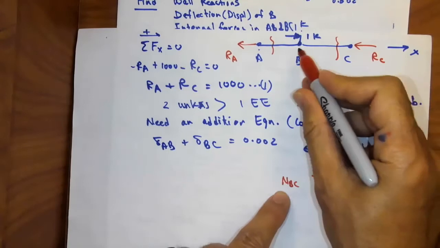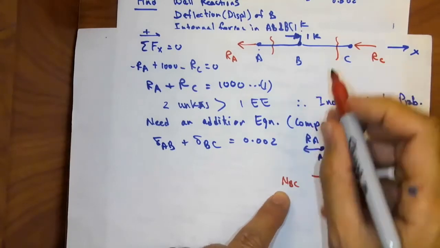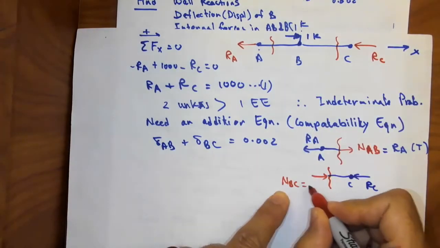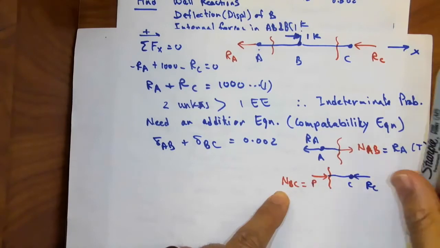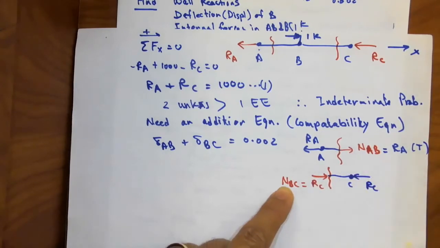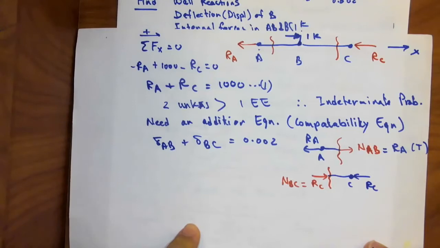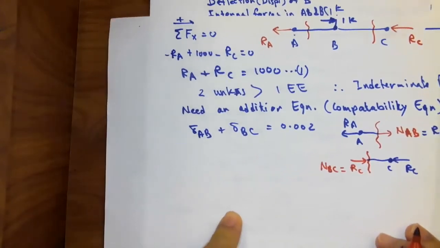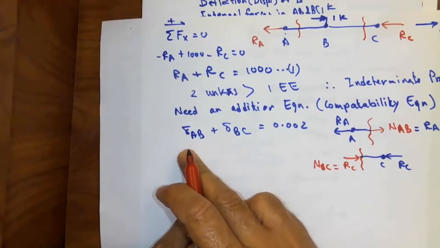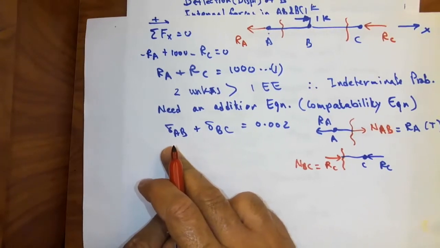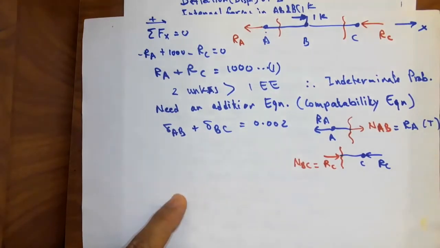Because it's within the member BC, this NBC must be equal to RC. Now, why is this important? Because when I look at deformation of an axially loaded member, it is equal to, if you recall from solids, PL over EA.